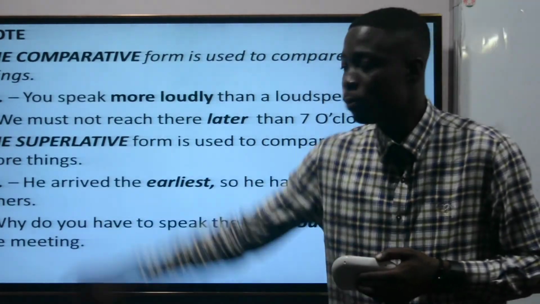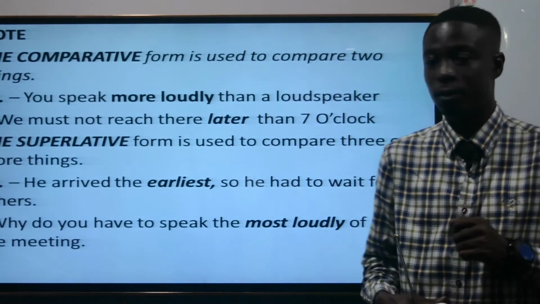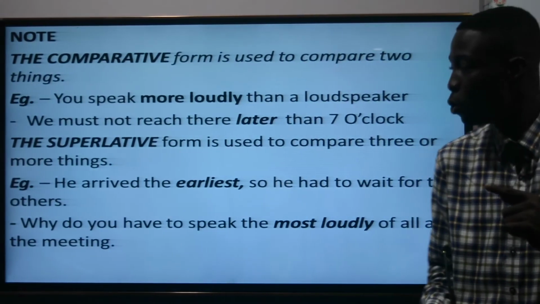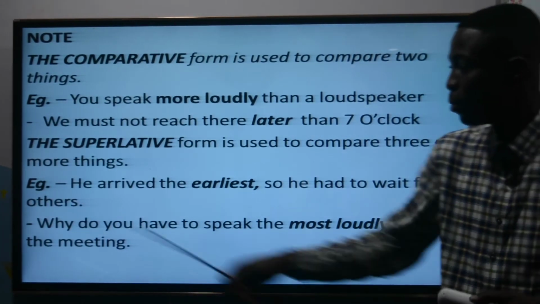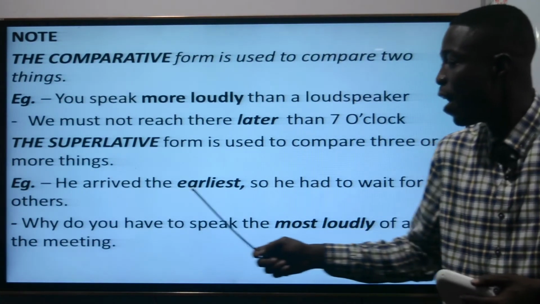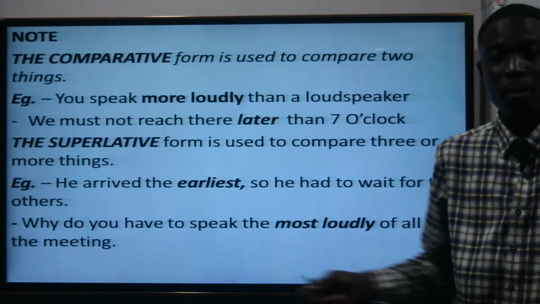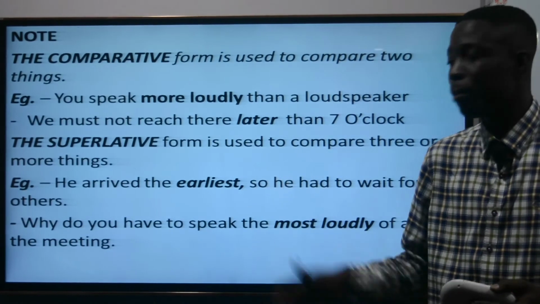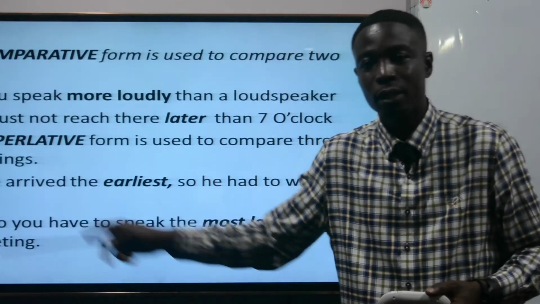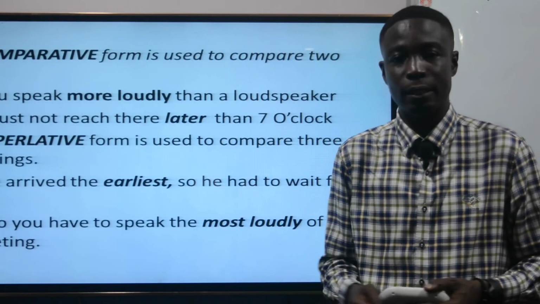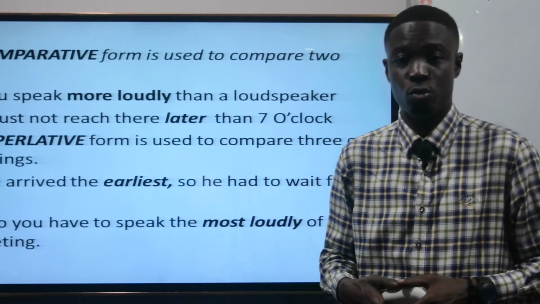Alright. Now the superlative form is used to compare 3 or more things. Example: he arrived the earliest, so he had to wait for the others. Probably there were more than 3 people meeting, but he alone arrived earliest. So earliest here is comparing more than 2 people.